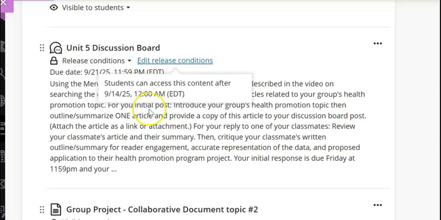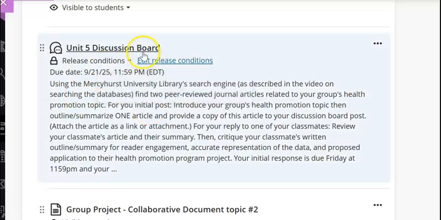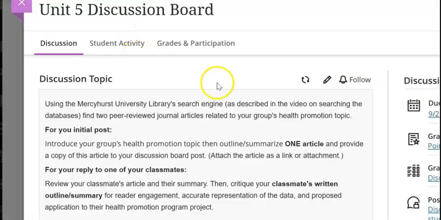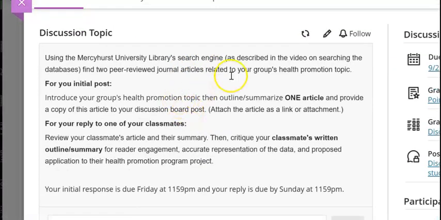And then finally, well, not finally, but for our discussion board, you're going to be using the search engines, Mercyhurst databases, but we're using Mercyhurst Library's search engine as described in the video. Find 2 peer-reviewed journal articles related to your group's health promotion topic. So we're working on things that we're going to utilize, right?